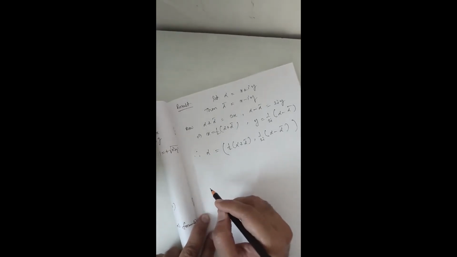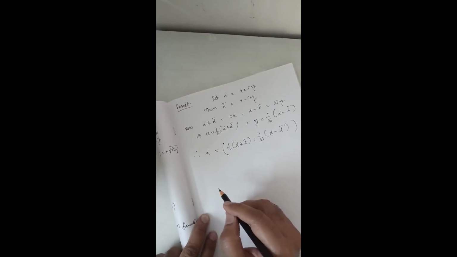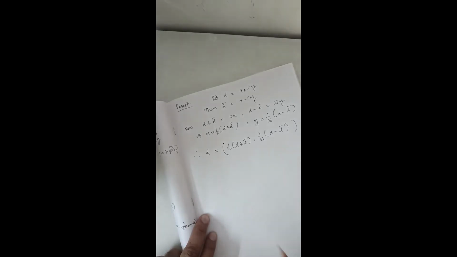Now we shall discuss the angle between two lines. In more detail, what will be the angle between two lines formed by joining 3 points.